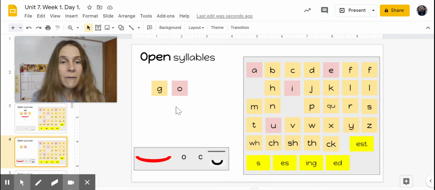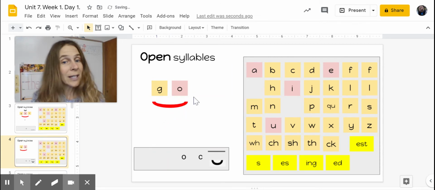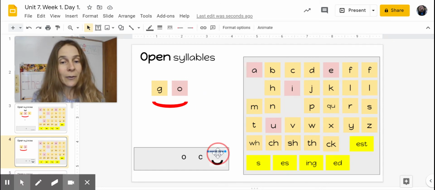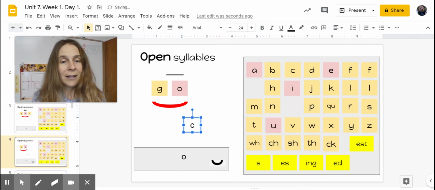I've got one vowel, so I'm just going to have one syllable. My vowel is not closed in by a consonant, so my vowel sound is going to be long. So my syllable is going to be an open syllable. So, oops, not closed.